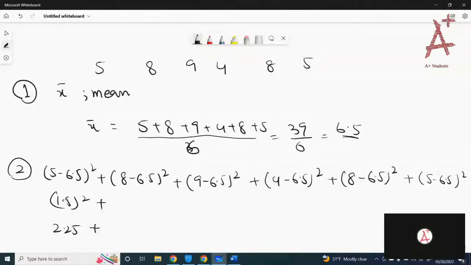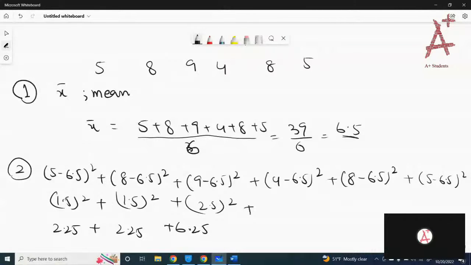Now 8 minus 6.5 is 1.5, and 1.5 squared is 2.25. Now 9 minus 6.5 is 2.5, and 2.5 squared is 6.25.